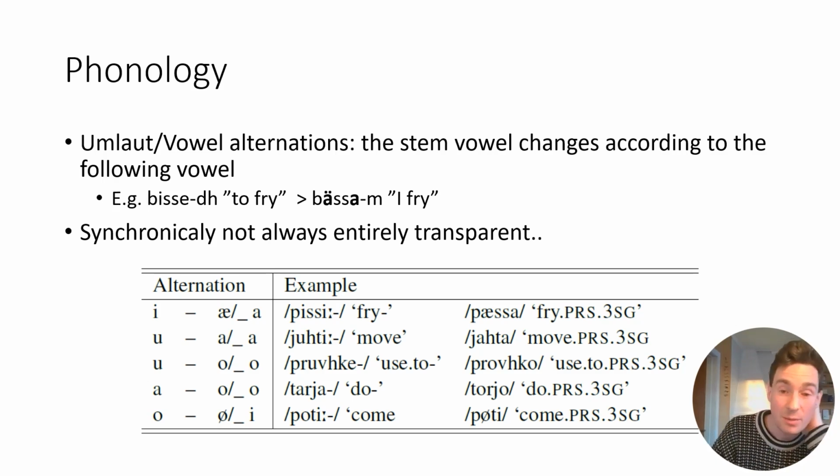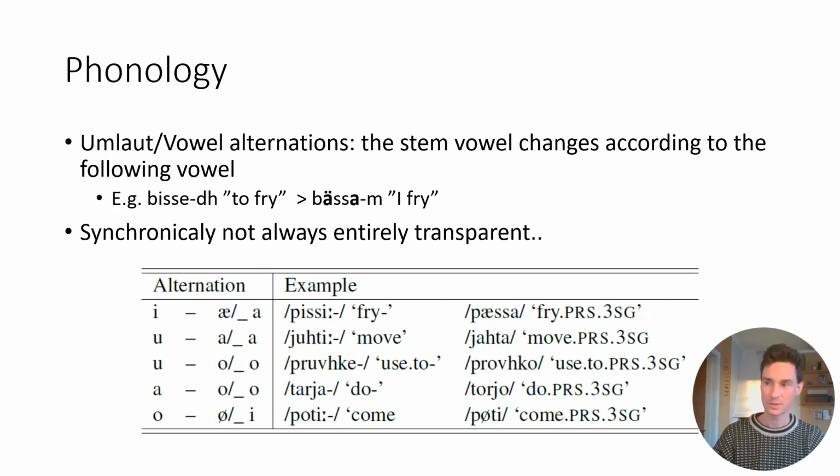However, in the table below you see a couple of these alternations, as I call them, maybe a little bit precautious. An E changes into an A in front of an A, like bisser becomes bessa. An U changes into an A in front of an A, like juhtie into jachta.